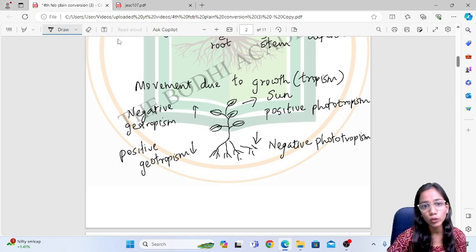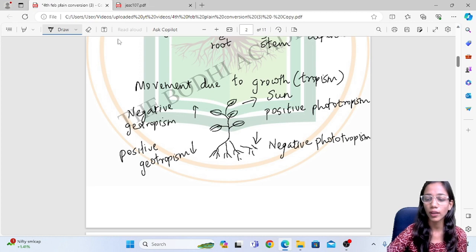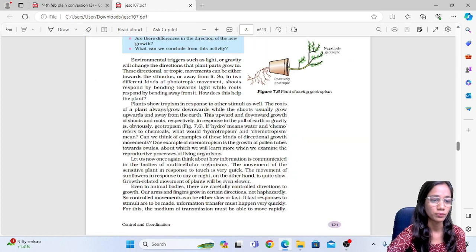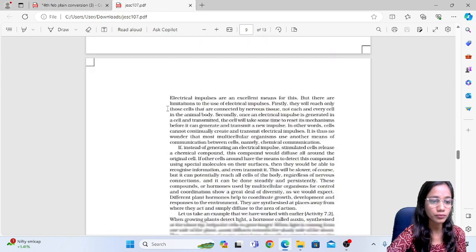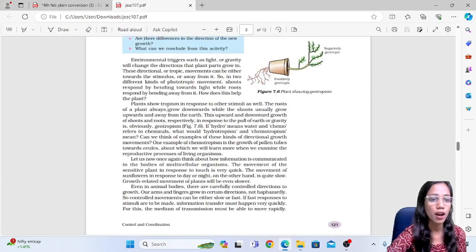The pollen tube produces a chemical which signals it to grow towards the ovule. Because the chemical is produced, it is called chemotropism. So this is how the movement due to growth happens in response to different stimuli.